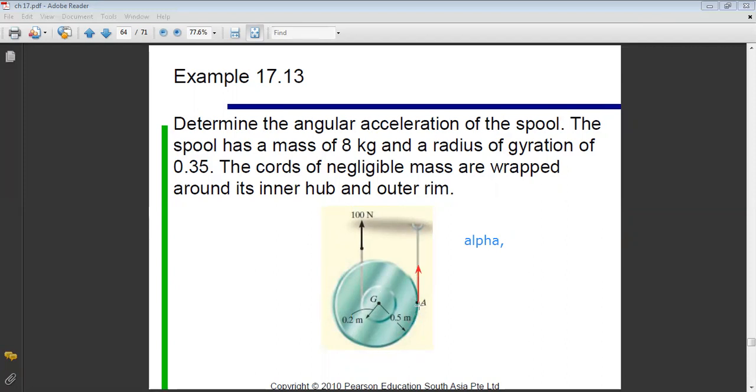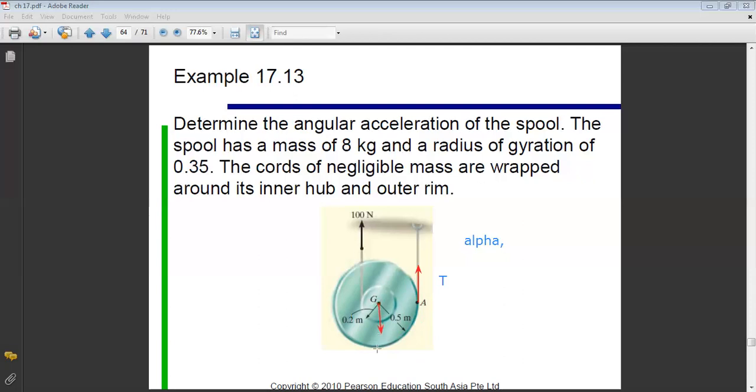So we have rolling without slipping, and the instantaneous center is point A. Here, alpha is unknown. We have the tension T in the cable. If you want to put all forces, we have the weight of the pulley here.